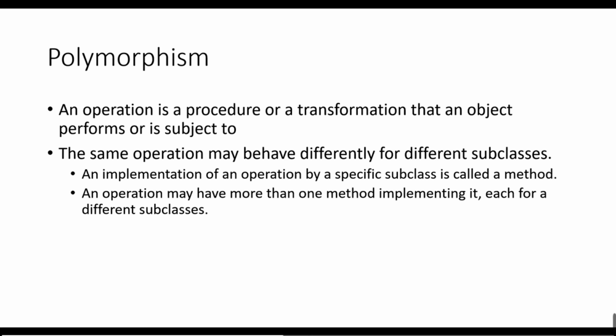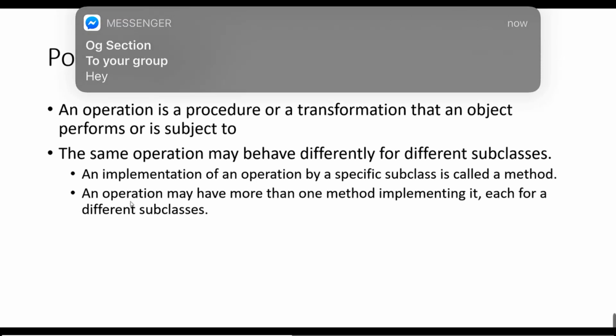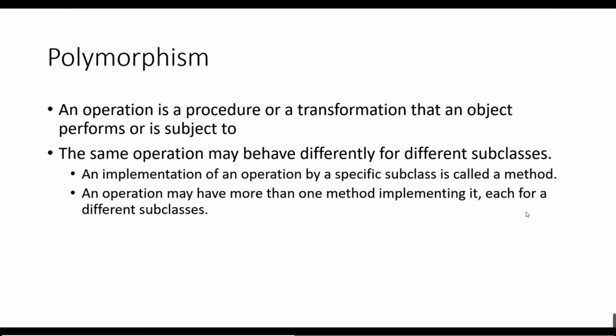It means that although these different subclasses have the same superclass, and they have the same operation name, for example draw, for the same operation there may be different implementations, sometimes one for each subclass.